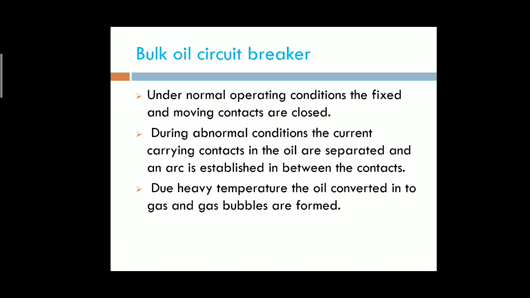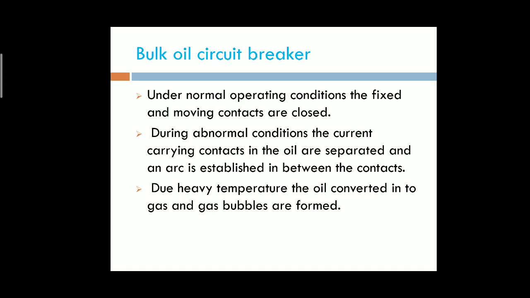During abnormal conditions, the current carrying contacts in the oil are separated and an arc is established in between the contacts. Due to the high temperature, the surrounding oil is converted into gas and gas bubbles are formed.